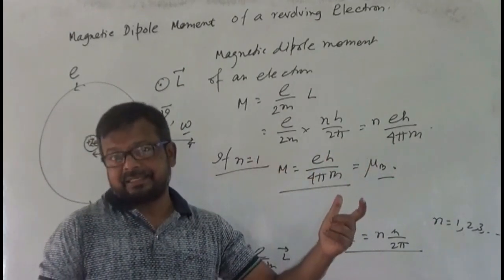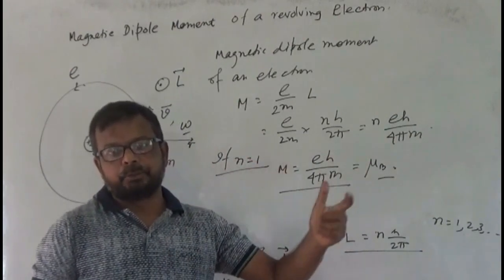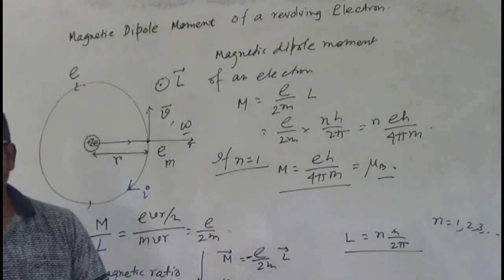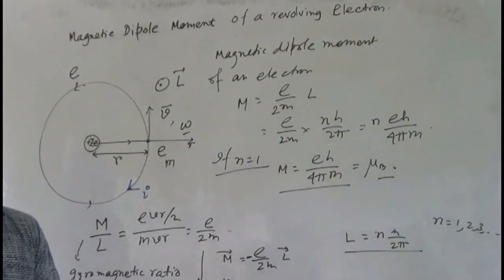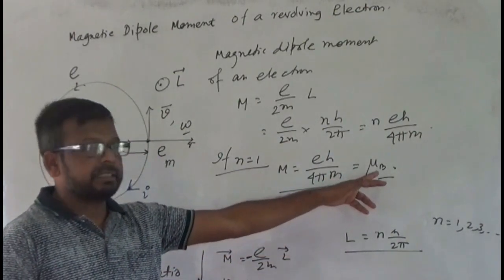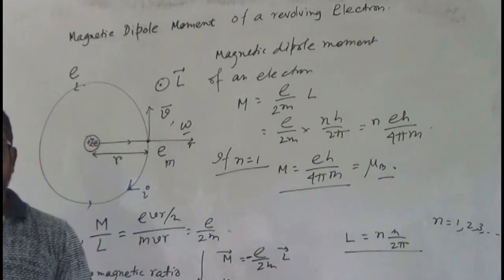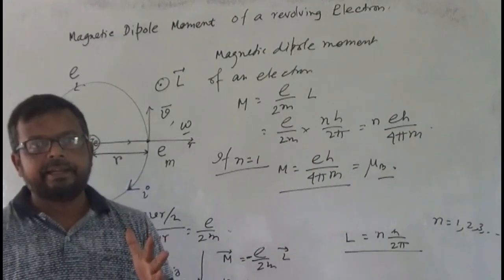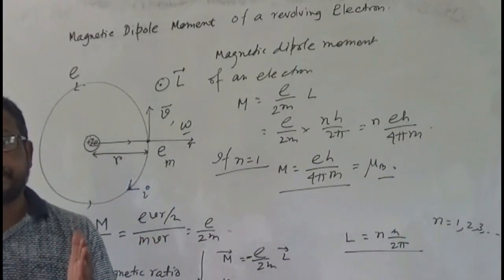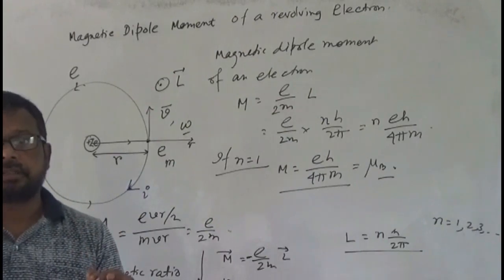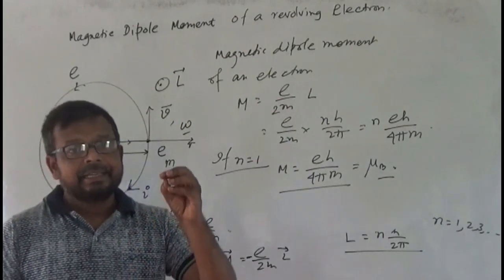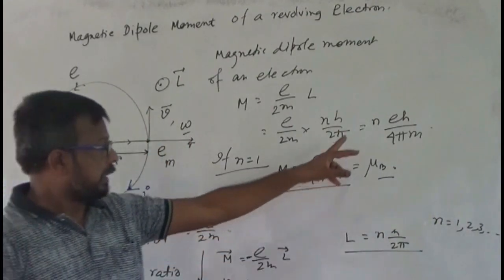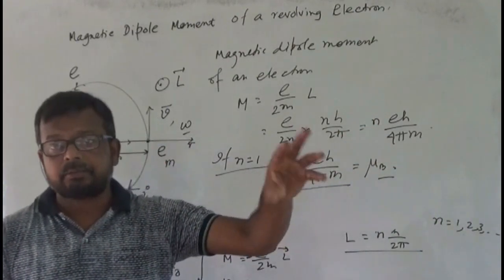Mu B can be taken as the unit of magnetic moment actually in the nuclear and atomic physics. Right? Bohr Magneton can be defined. Now, what is the definition of Bohr Magneton? Bohr Magneton can be defined as the orbital magnetic moment of an electron circulating in the innermost orbit of the atom. n is 1, that means innermost orbit of the atom.